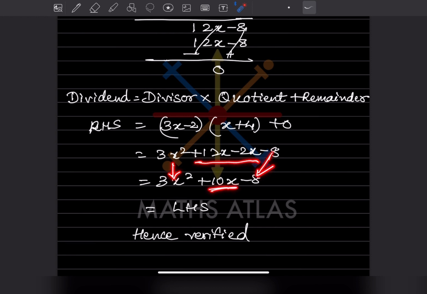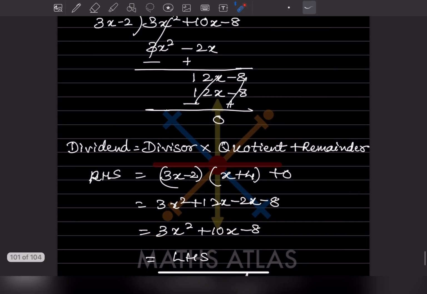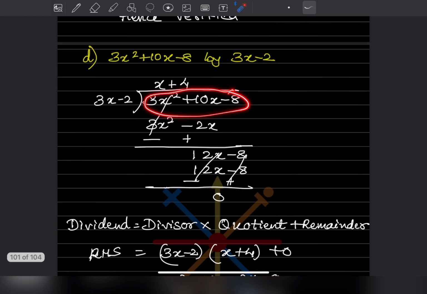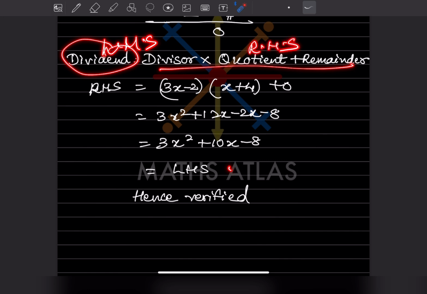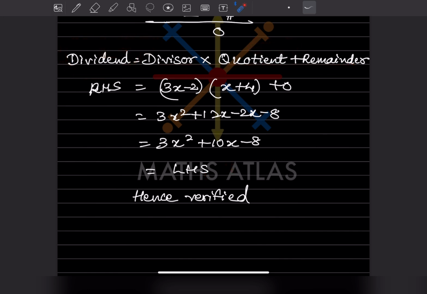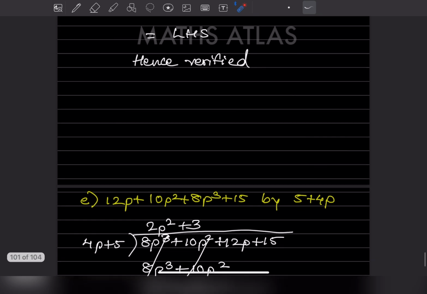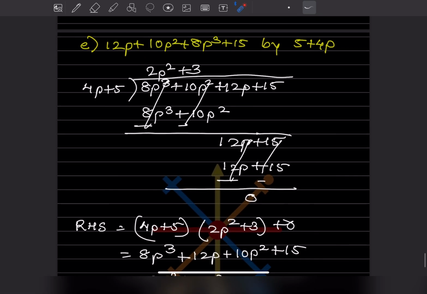And this will be the same. So whatever you got this one, this is the dividend. So which is this is the left hand side and this whole thing is the right hand side. So that is the LHS. So hence verified. Now look for here.